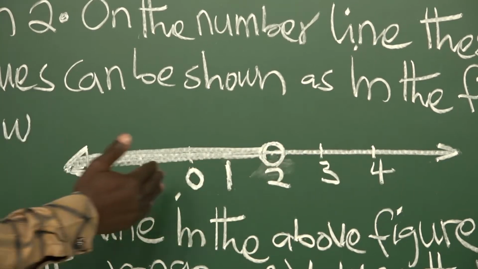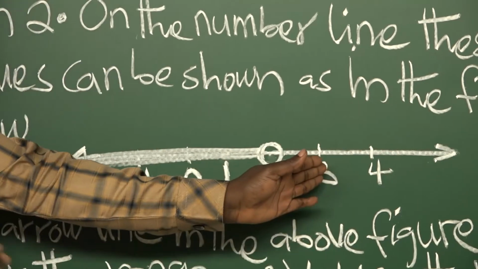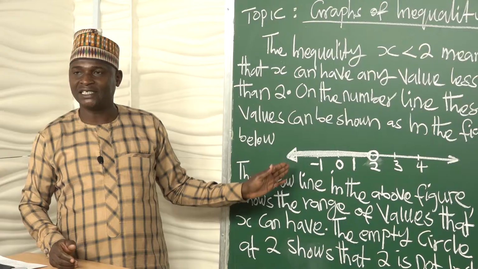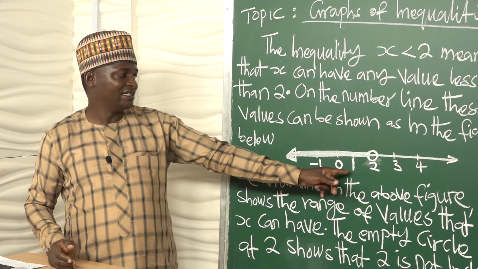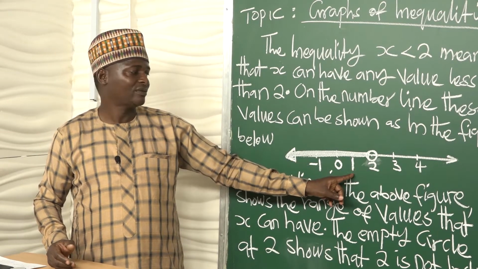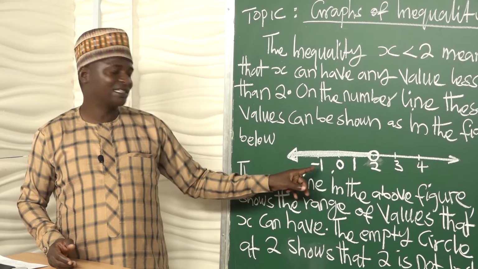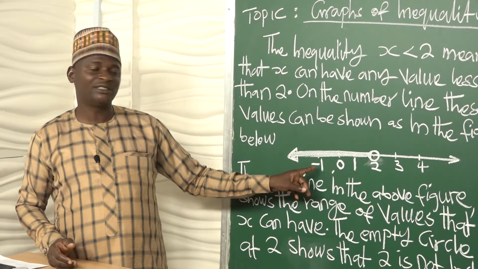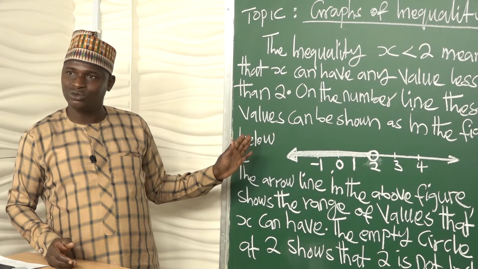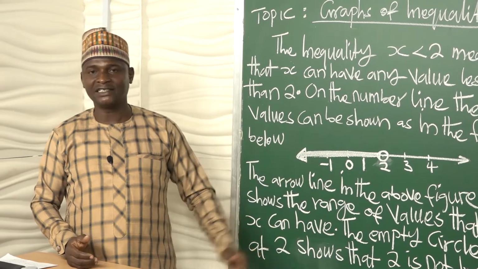As you are moving to the right, the numbers are increasing, while as you move to the left, the numbers are decreasing. This explains why we said 2 is greater than 1, 1 is greater than 0, 0 is greater than minus 1, and minus 1 is also greater than minus 2, because as you move to the left, the numbers are decreasing.